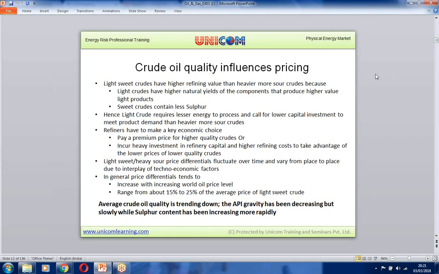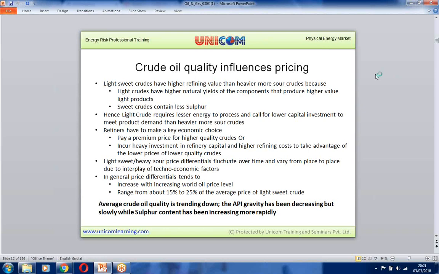What is the refinery capacity now? Are there a lot of refineries who can process heavier crudes and sour crudes? If there are, then the demand for heavy and sour crudes would increase. So that would influence the techno-economic parameters that control the price of crude.